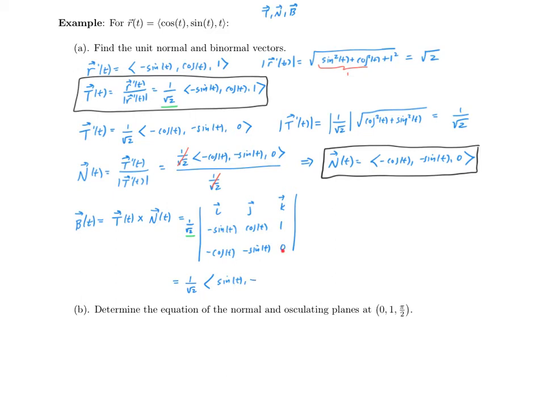Then we'll have minus sine times 0, so 0 minus a minus cosine. And then for that k component, we will have sine squared minus a minus cosine squared. Sine squared plus cosine squared is 1. And this is our unit binormal vector.